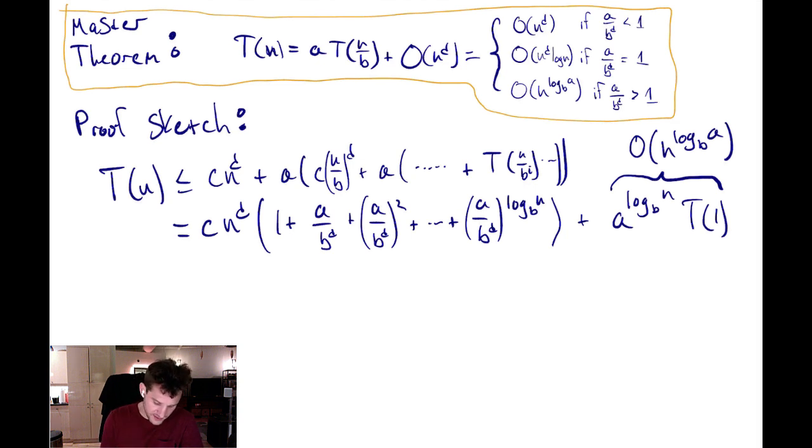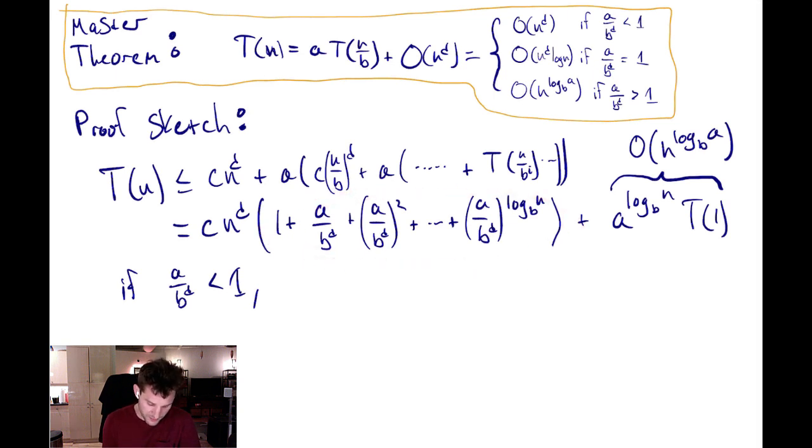If it's the case that a over b to the d is strictly less than 1, then it's important to notice that this geometric series right here has a base less than 1. That means this whole thing is bounded by a constant.